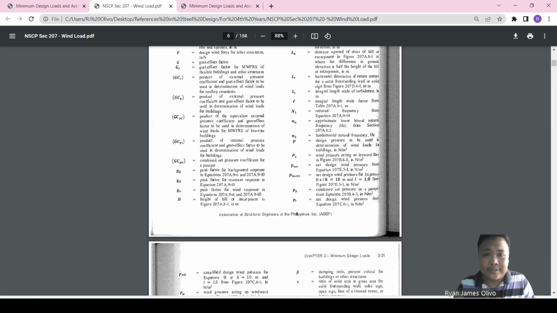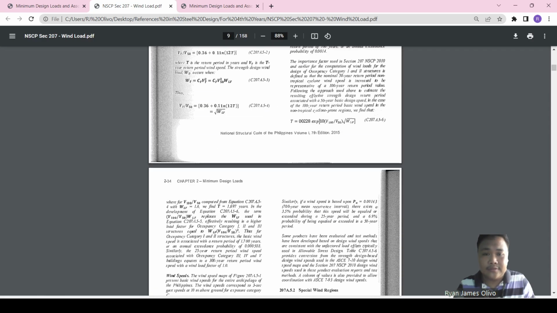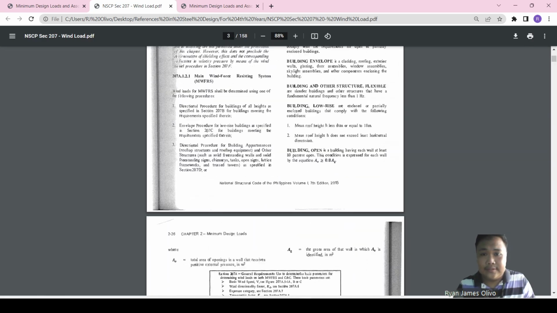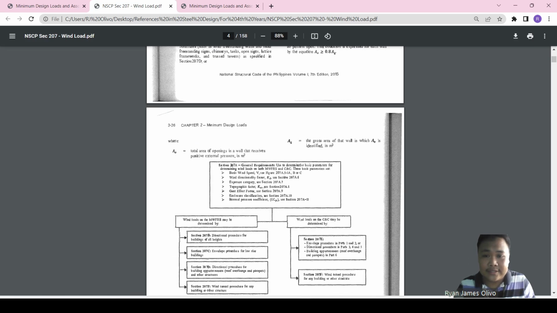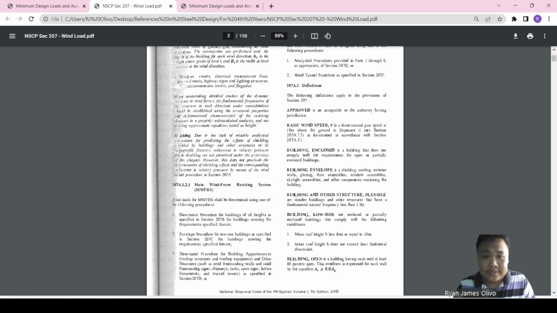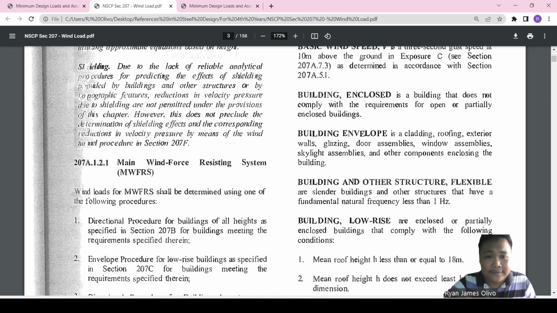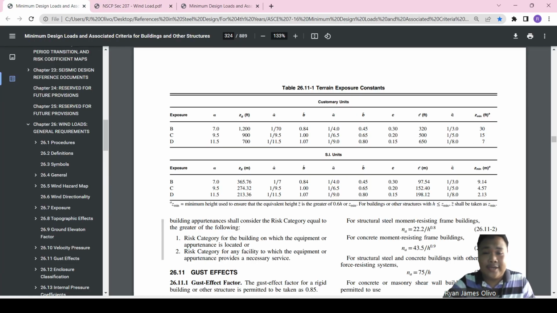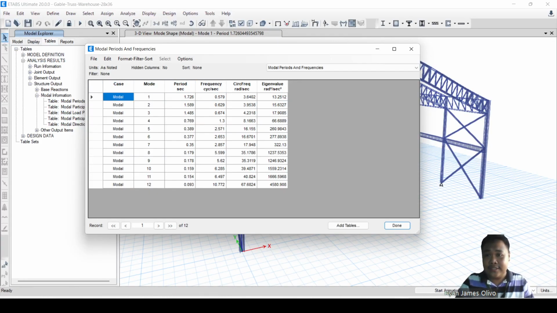The definition for flexible buildings is a fundamental frequency less than 1 hertz. So it's the same. Your fundamental frequency, the frequency of the first mode of your structure, the lowest frequency, is what we call the fundamental frequency. And if it is less than 1 hertz, then use the formula.